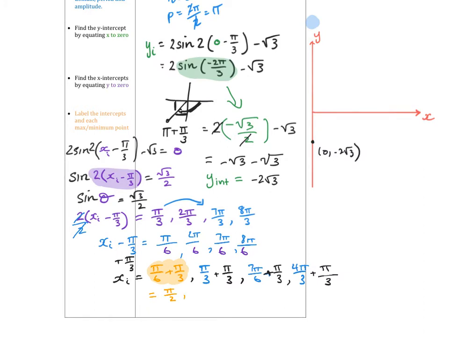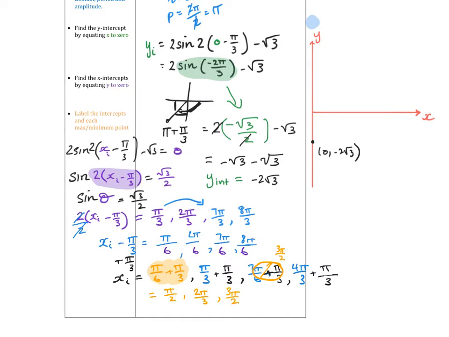And our next answer, 1 pi on 3 plus another pi on 3 is 2 pi on 3. If I've got 7 pi on 6 plus 2 pi on 6, I'll have 9 pi on 6. Now this 9 pi on 6, we can simplify down to 3 pi on 2.